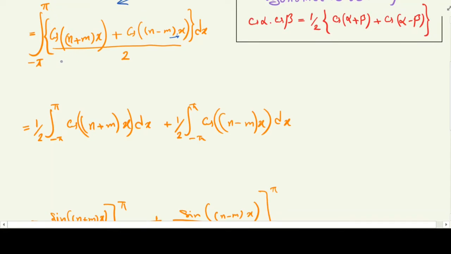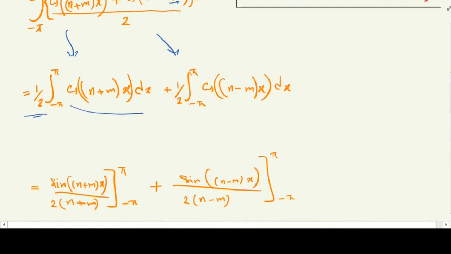Now it's going to be easier to evaluate this integral because we can break it down into two integrals. The first one is the integral of cosine (n plus m)x, which is shown here. And similarly for the second one, we have half times the integral from minus pi to pi of this term, which is cosine (n minus m)x.